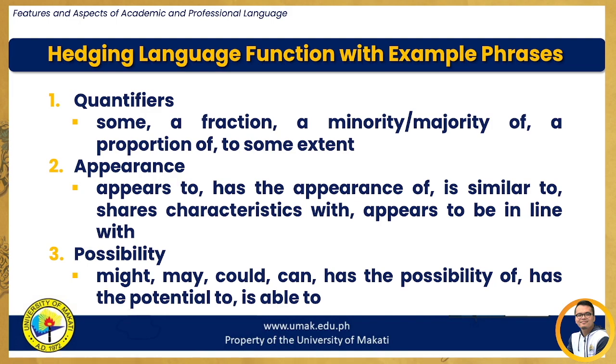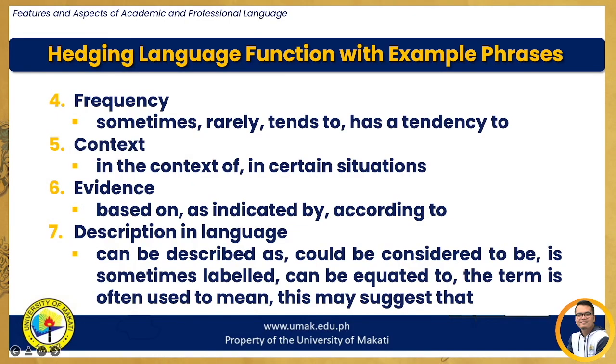For possibility, you may use might, may, could, can, has the possibility of, has the potential to, is able to. For frequency, you may use sometimes, rarely, tends to, has a tendency to.